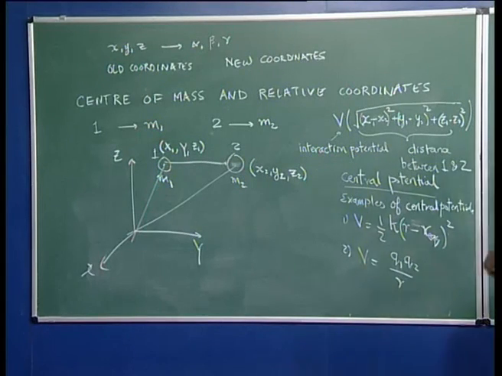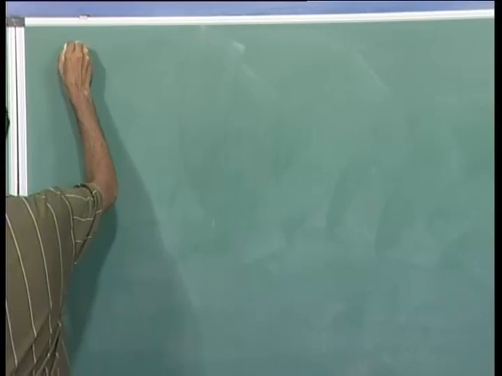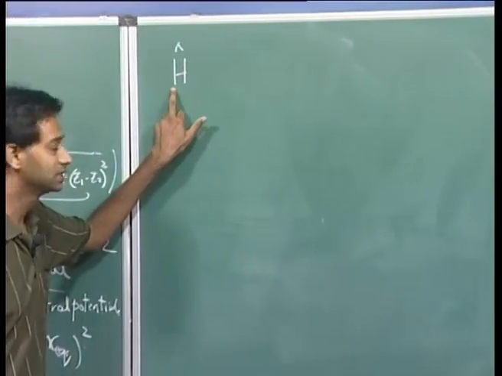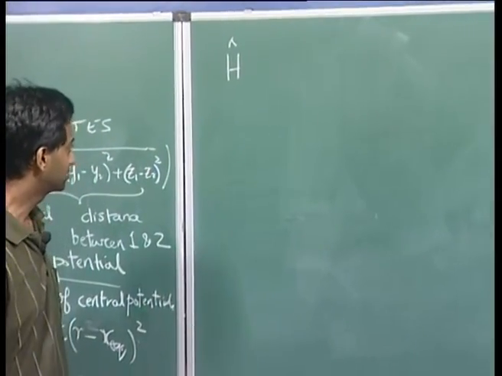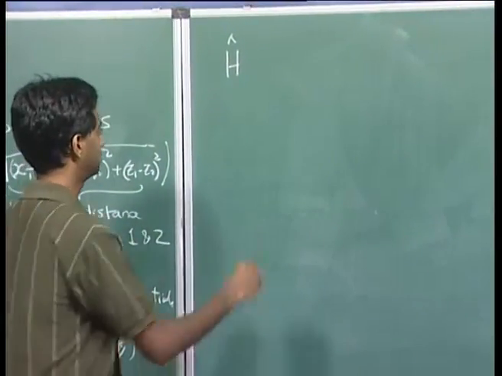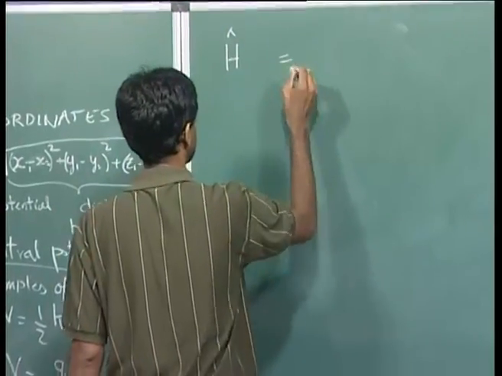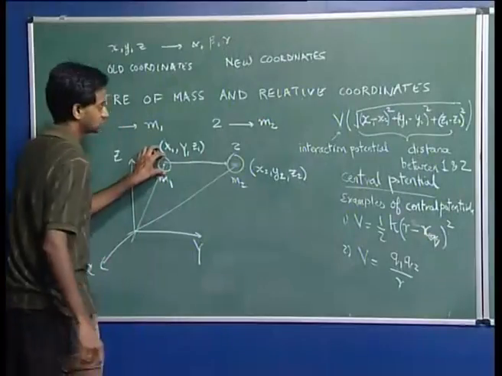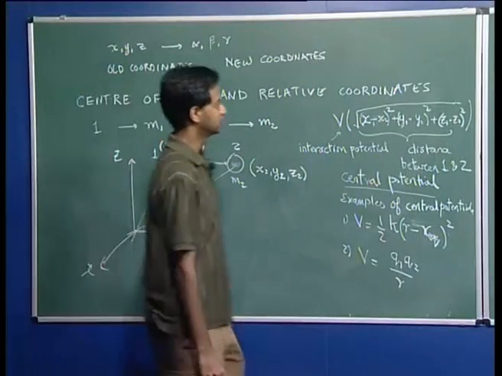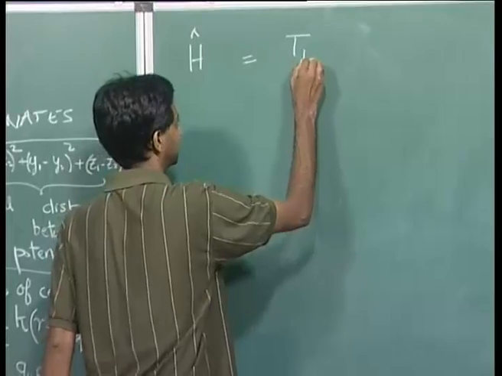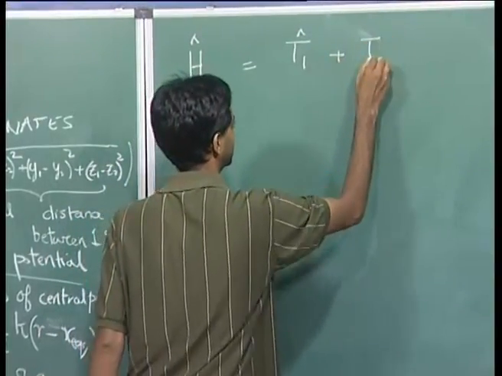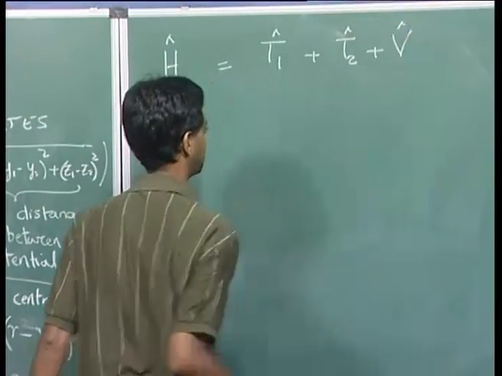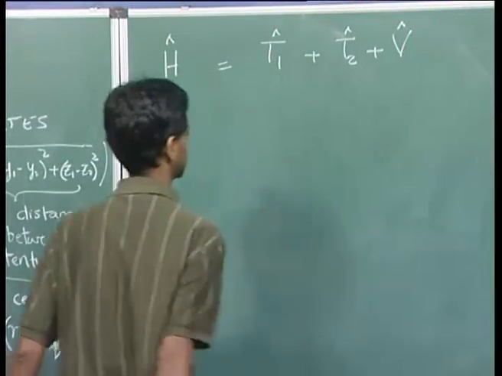So, we start with the Hamiltonian. The Hamiltonian, as you must be familiar from your quantum chemistry courses, is an operator for the total energy. So it involves the kinetic energy of particle 1, the kinetic energy of particle 2, and the potential energy of interaction between the two particles.